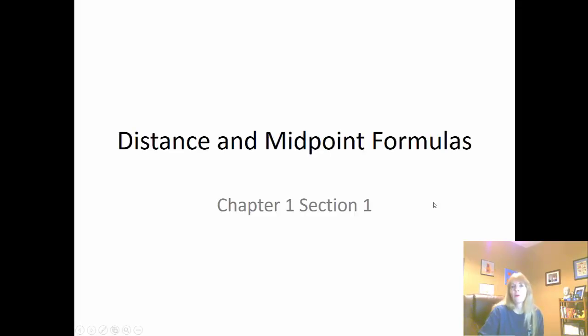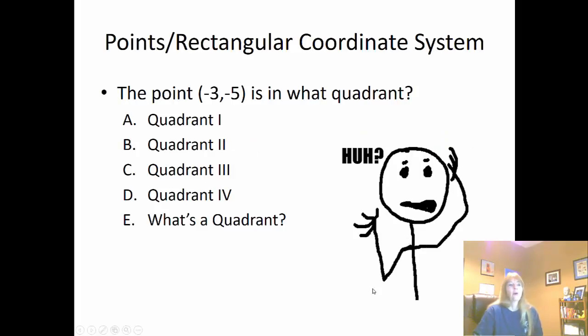All right, so the first thing we're going to talk about is distance and midpoint formulas. So this is section 1. If you're given a point to begin with, and it says which quadrant is this point in? We're going to first look at the rectangular coordinate system.